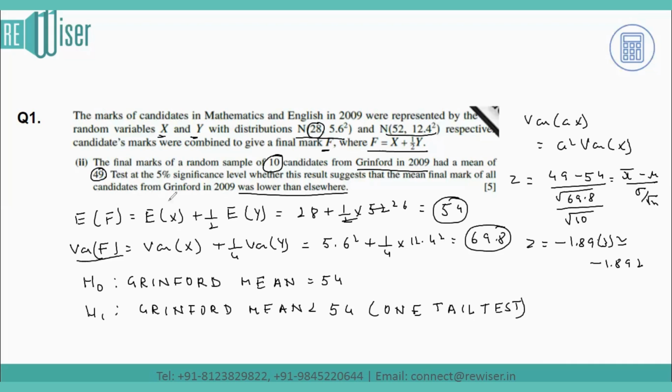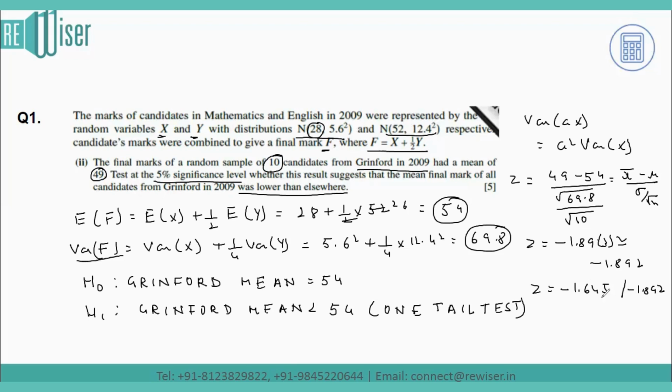Now, we have to check at the 5% significance level, and we know that at the 5% significance level with a one-tail test, the z value has to be minus 1.645 if we are comparing it with the negative z test statistic of 1.892.